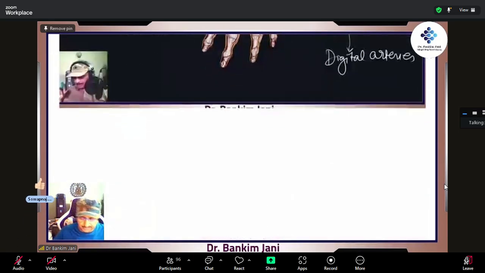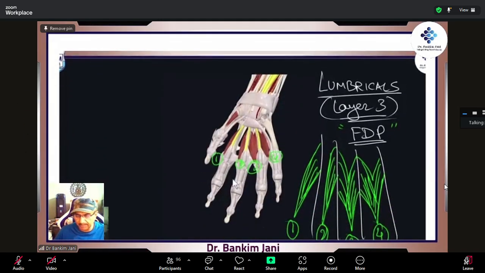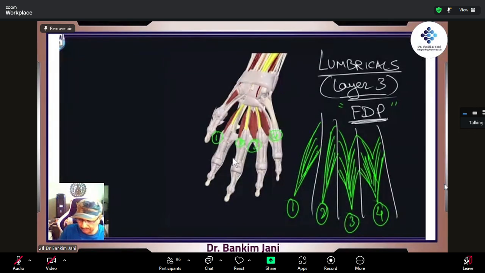So digital arteries, we saw that. These are the lumbricals. For the lumbricals, there are unipinnate and bipinnate. And it is the flexor digitorum profundus, right? When that is entering, and these are the 2, 3, 4.